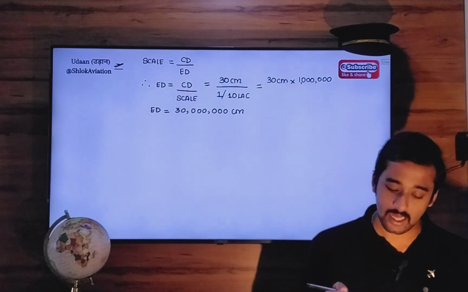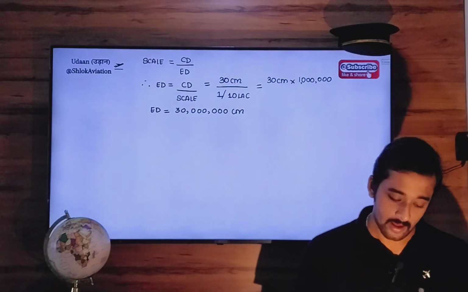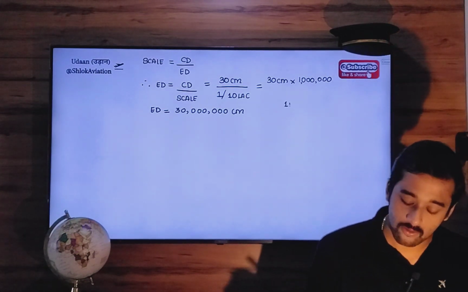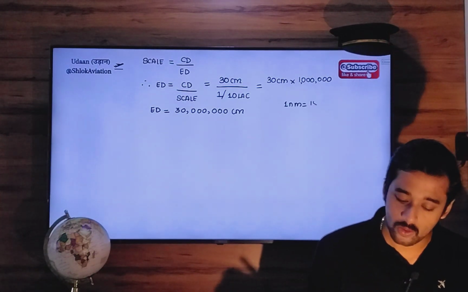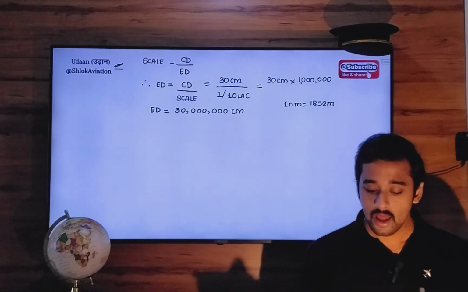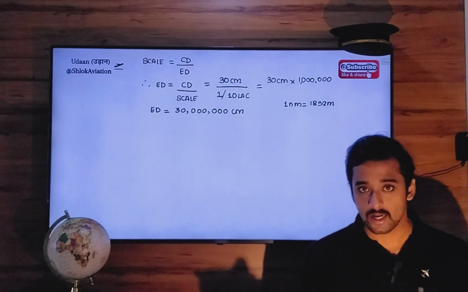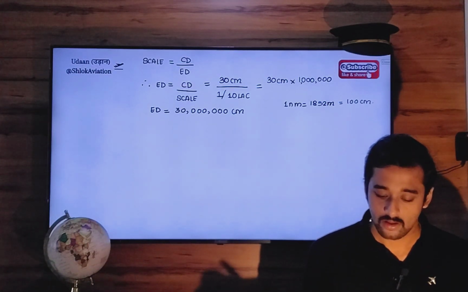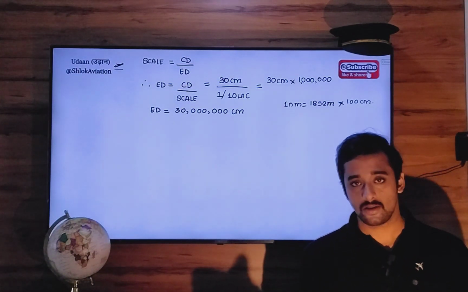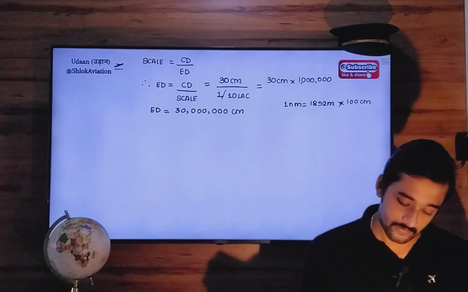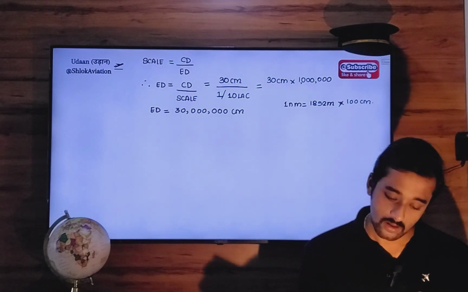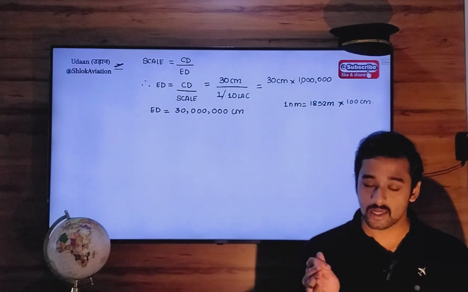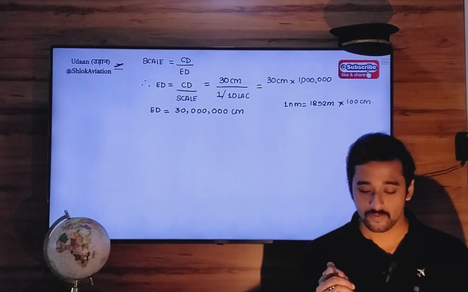Now convert these centimeters into corresponding nautical miles. We know that 1 nautical mile equals 1852 meters, right? And 1 meter equals 100 centimeters. So multiply by 100.